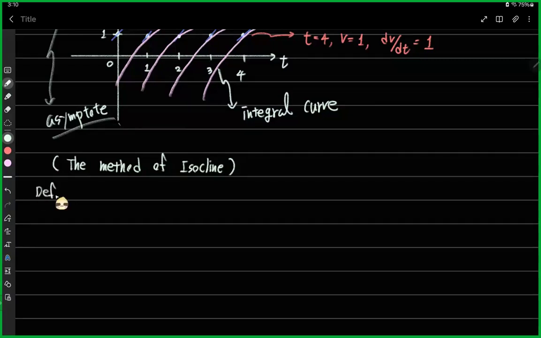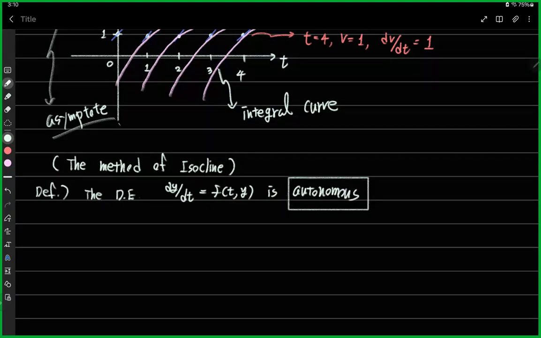The first thing I'll introduce is new terminology called autonomous. A differential equation dy/dt equals f of t comma y is autonomous. Okay, what does that mean?